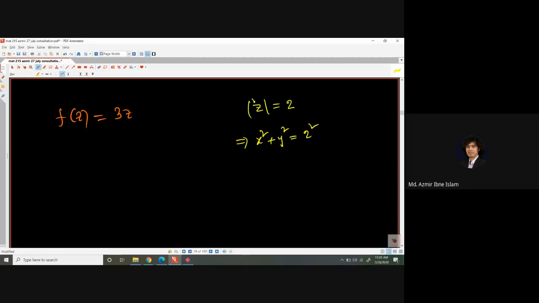Or instead of x plus yi, we can think about r e to the power i theta. Here, since r is 2, this is the radius, so it will be 2 e to the power i theta. It will be in this form because a circle is thought to be r e to the power i theta.